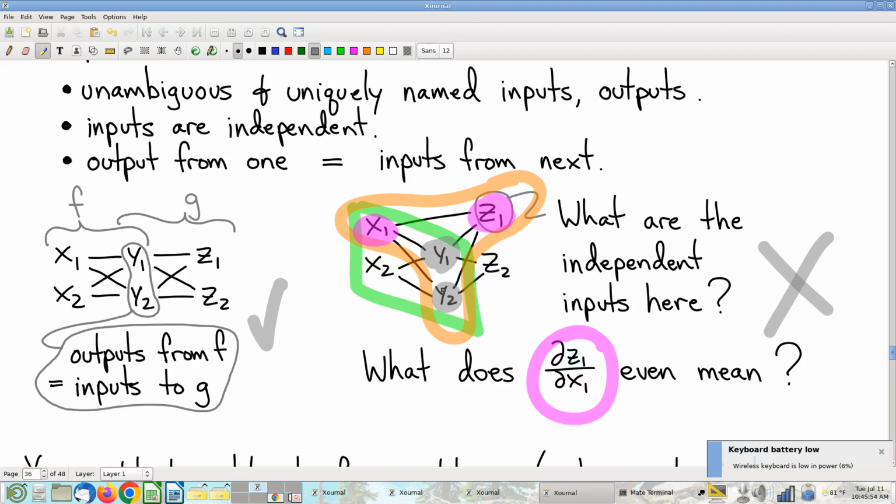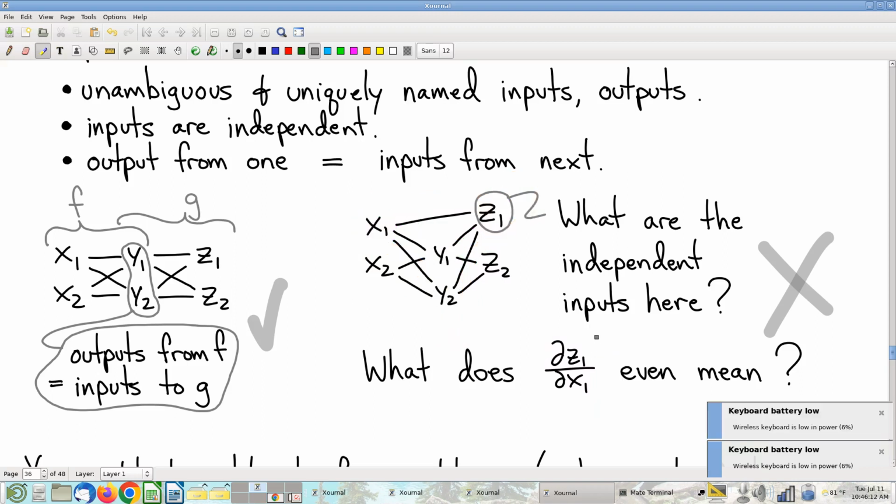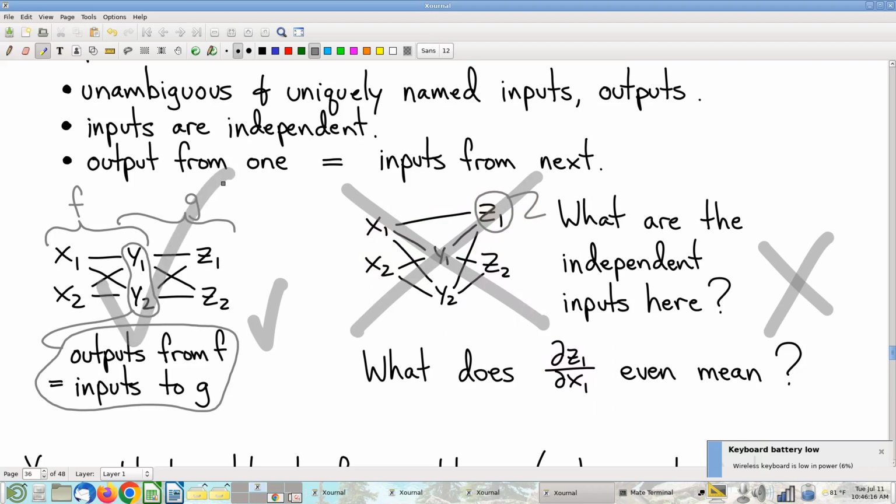If x1 is changing, y1 and y2 are going to change. You can't hold them constant and change x1 at the same time. So the point is, catastrophe, right? This is not one of these scenarios over here that we're prepared for.